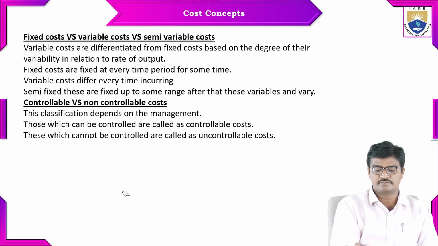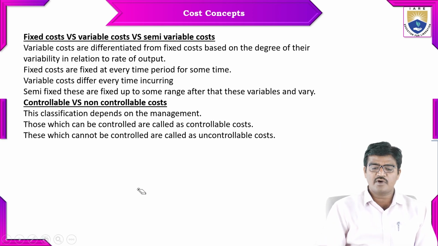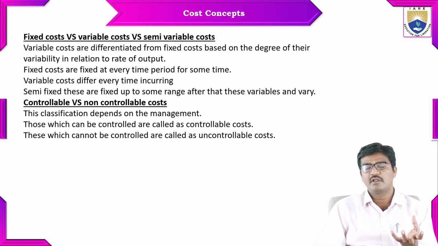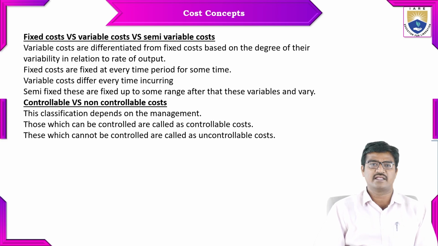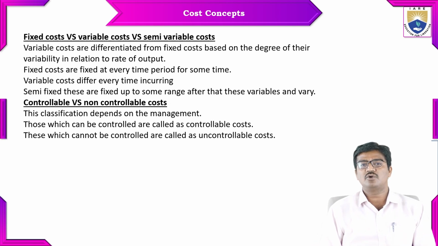And next one, controllable costs versus non-controllable costs. Controllable costs are those costs which can be controlled by us, and non-controllable costs are those costs which are uncontrollable. So you cannot control those costs, you have to bear them.